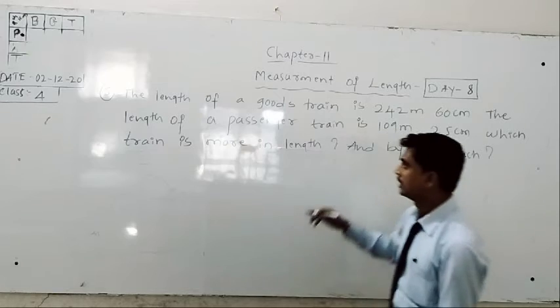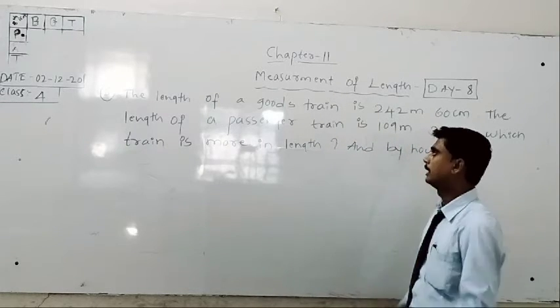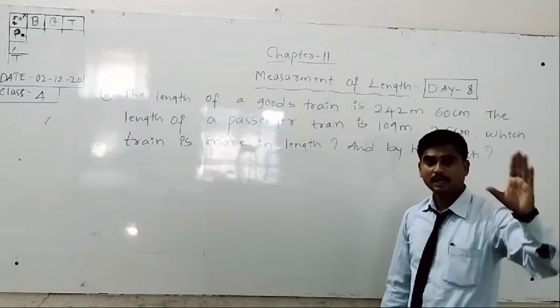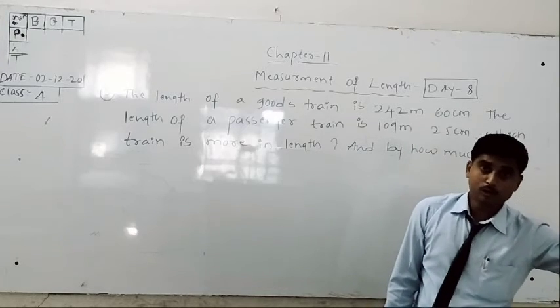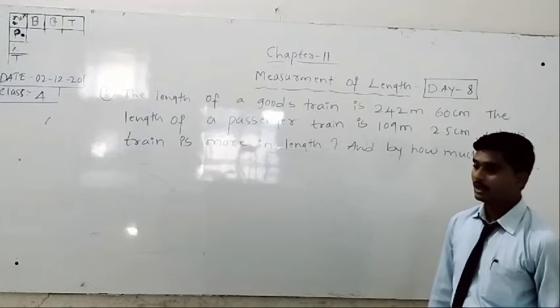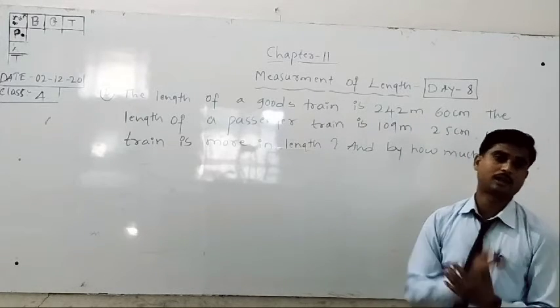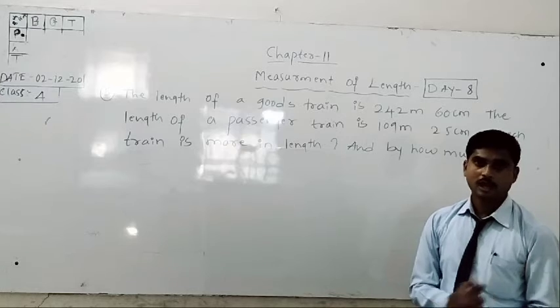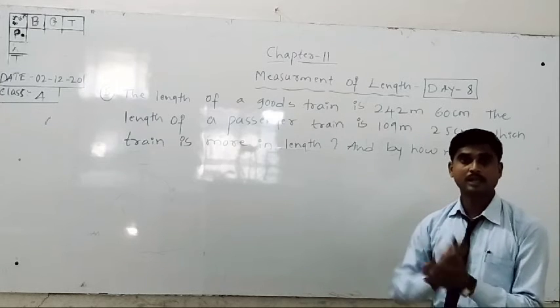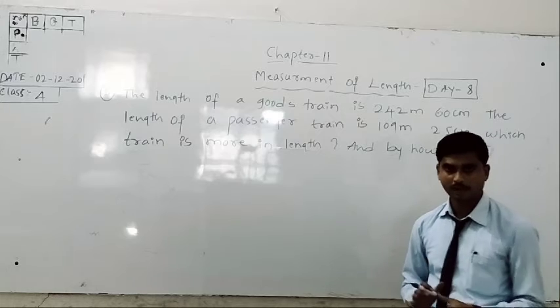Then another one is a passenger train. The goods train length is given, the passenger train length is also given. Then you have to compare both trains, which is the longest train and how much longer. You should find that out.